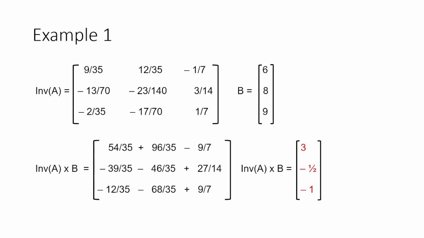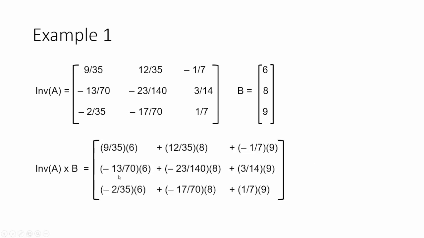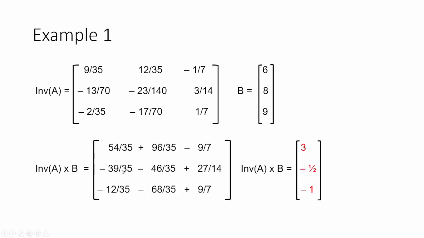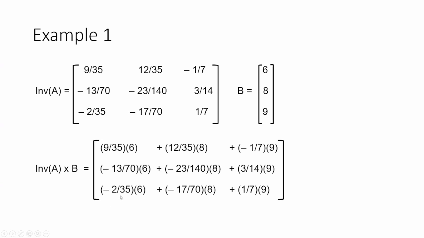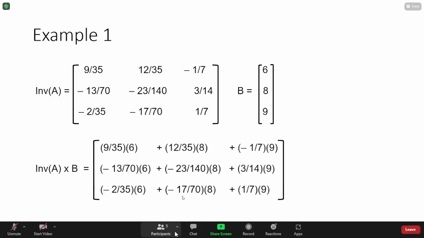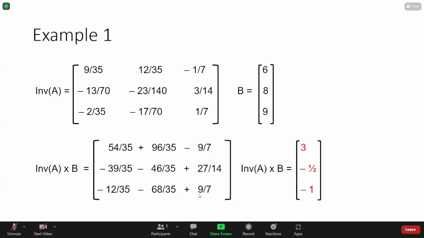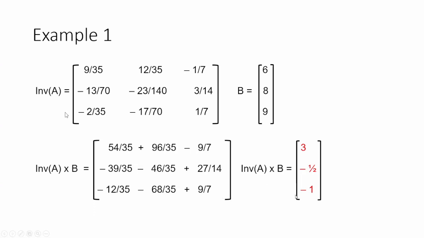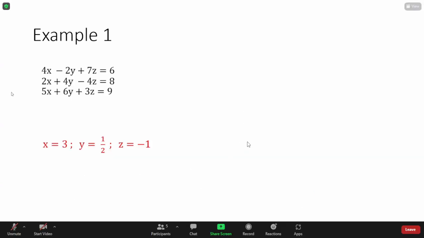Then 13 times 13/70 times 6 is equal to negative 39/35. Negative 46/35 plus 27/14. The answer is negative 1/2. Then this one is negative 12/35, negative 68/35, and 9/7. The answer is negative 1, which is basically the same answer.